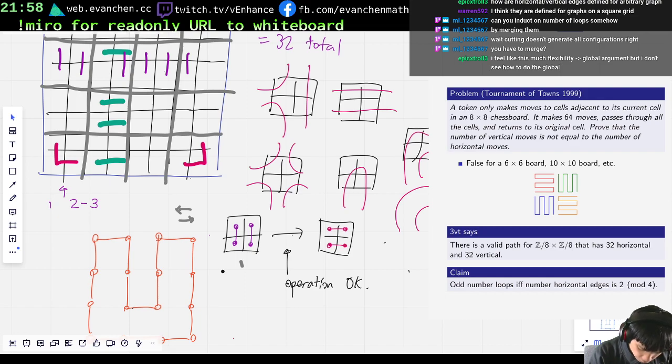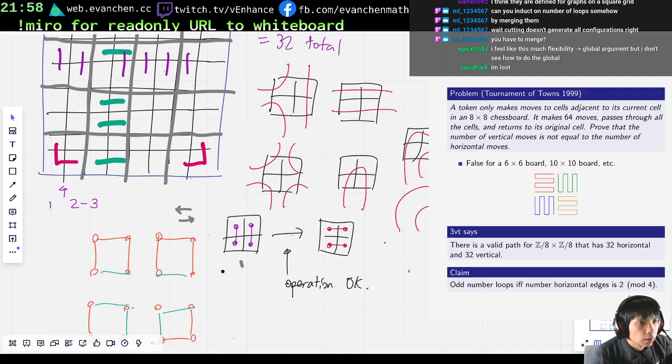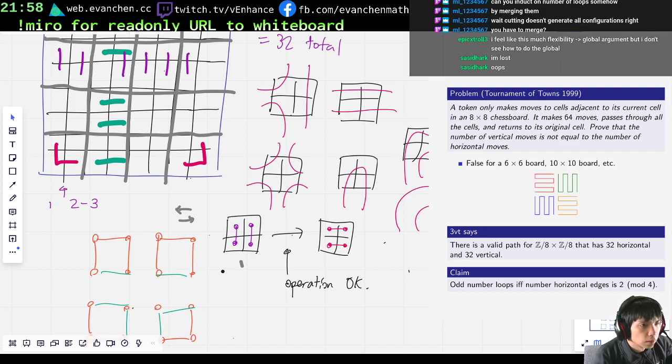So on this graph, you cut there, and you'd end up with this edge, and then you cut these. You end up here, here, here, here. I'm lost. It's okay, I am too.